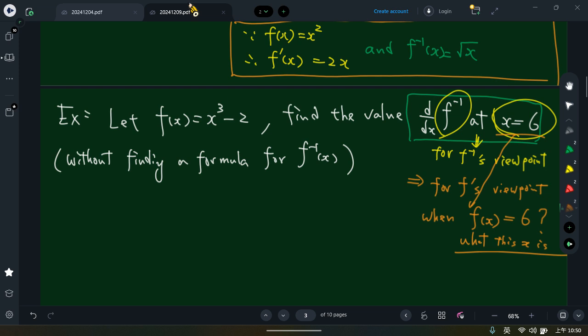So you can see, let me just repeat the question again for you. If I ask you to calculate the derivative for f inverse when x is equal to 6, even though here is x, but for f inverse, if this is x, for f of x, it should be y.